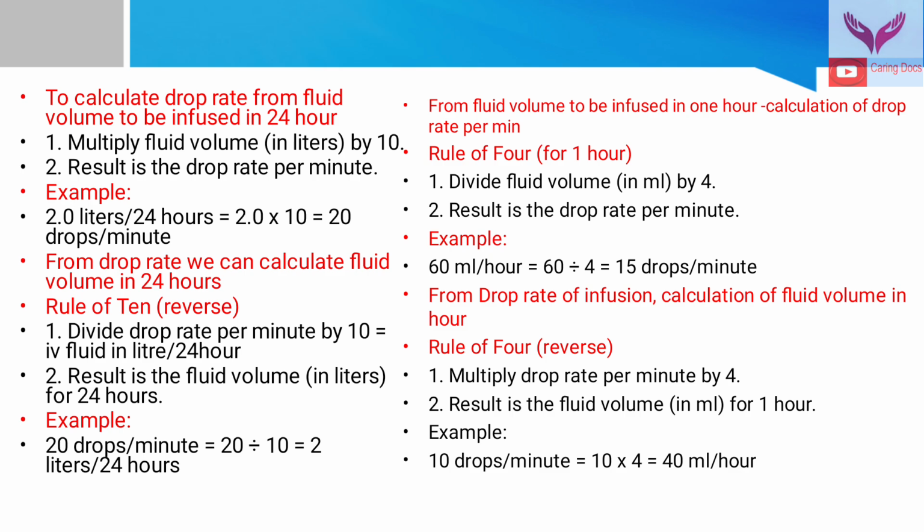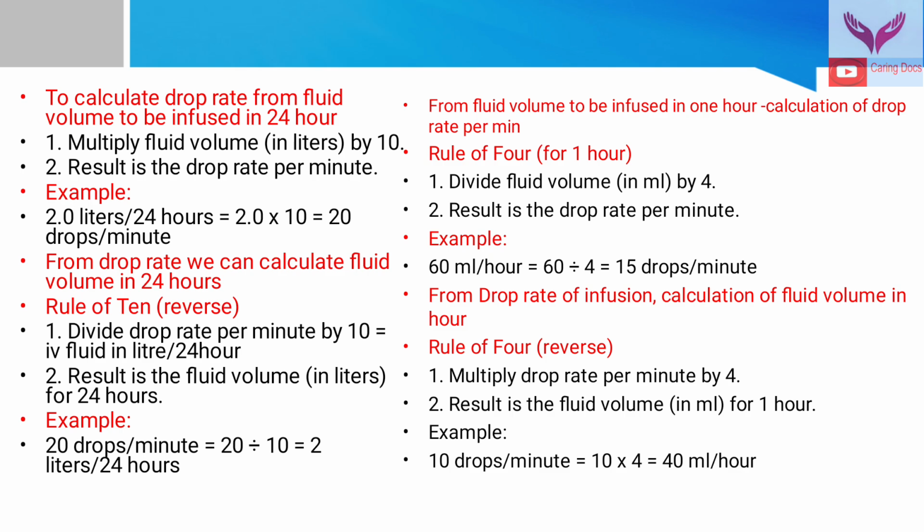Similarly, from fluid volume to be infused in 1 hour, we calculate the drop rate per minute. Here we use the rule of 4 for 1 hour only. For 24 hours we use the rule of 10.